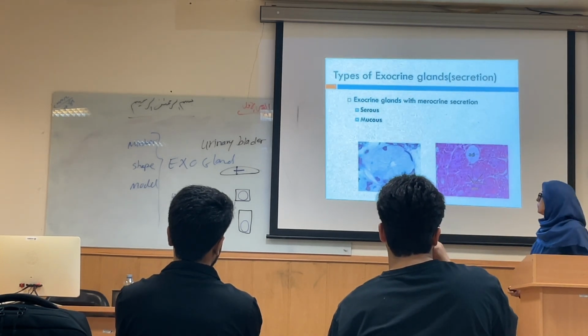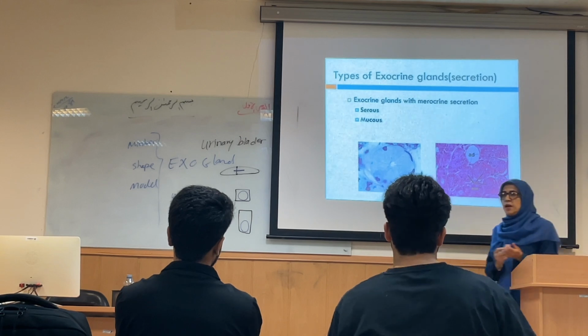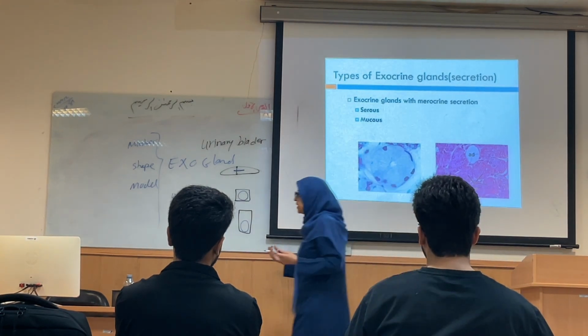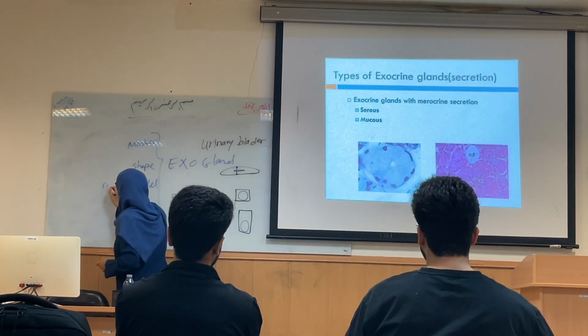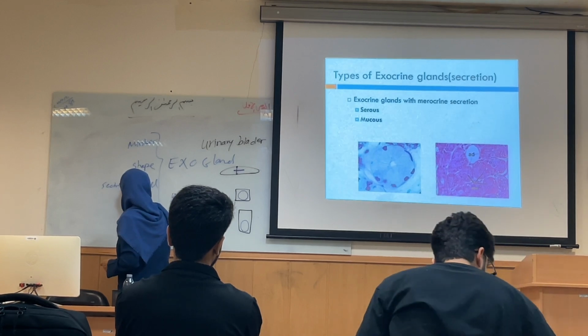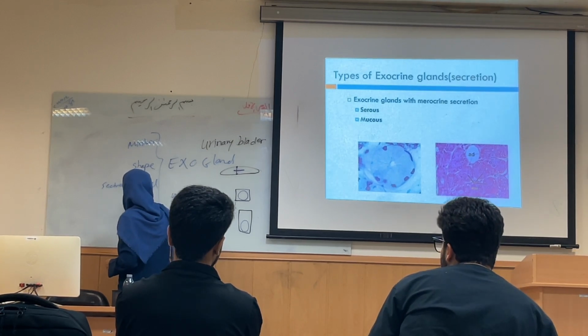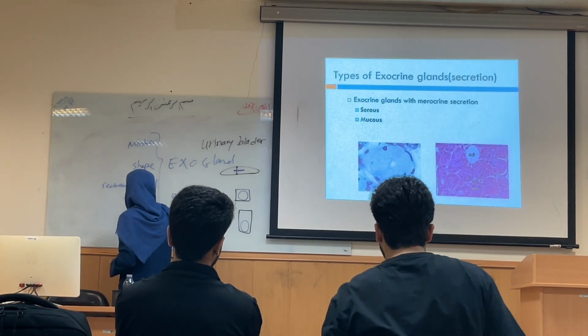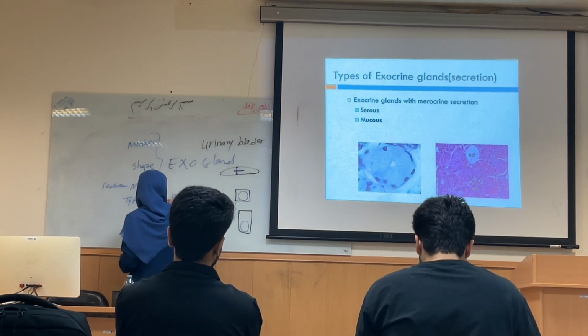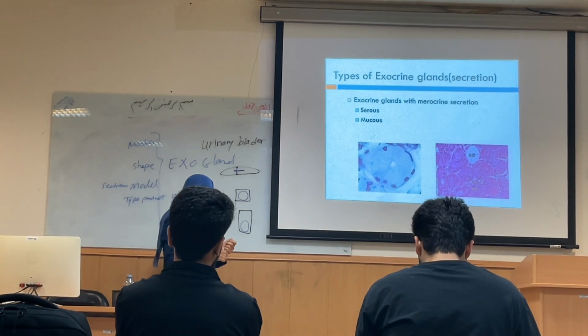The other classification of the exocrine glands is the type of their products. They produce serous or mucus secretions. Do you know the difference between them?